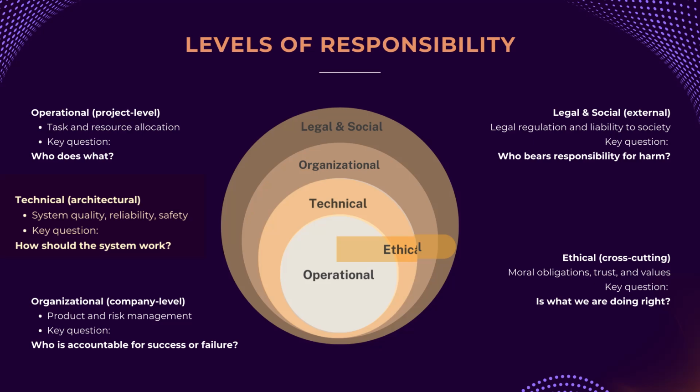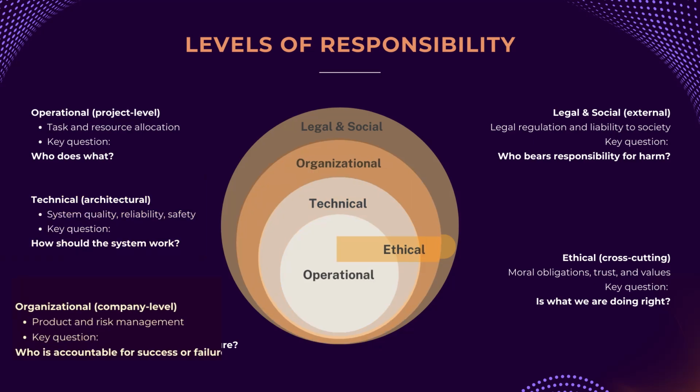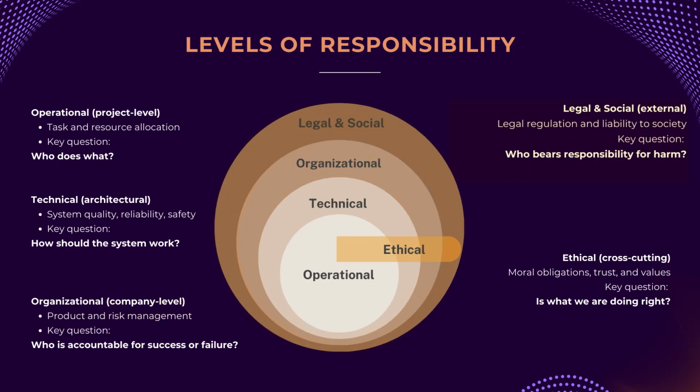Key question: how should the system work? Organizational accountability. This is the level of product and risk management. Who is answerable for success or failure? Legal and social responsibility. This is the level of legal regulation. Who bears liability to society, third parties, and the law for harm caused?